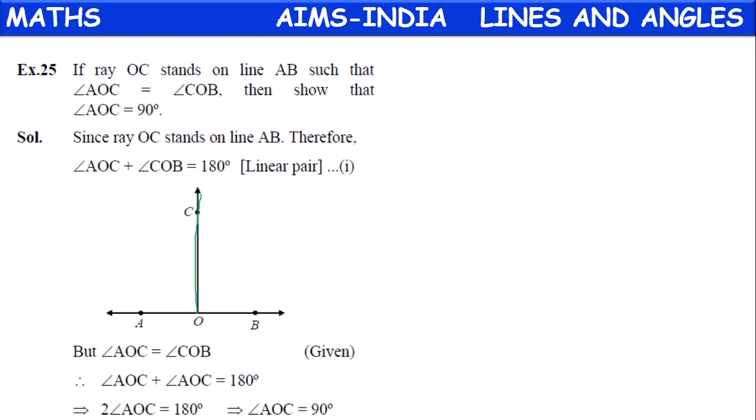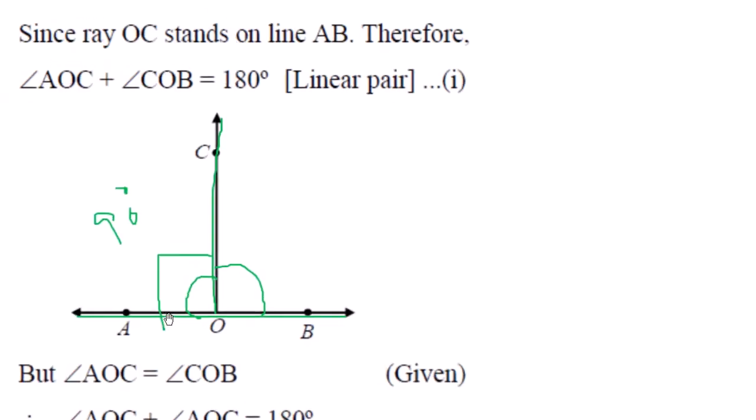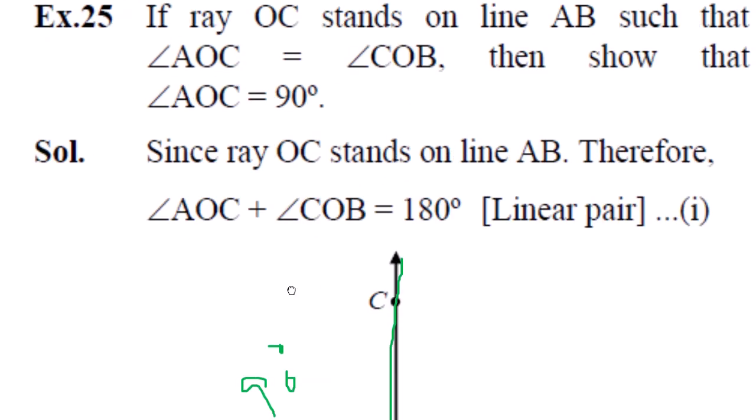So ray OC is standing on the line AB such that AOC equals COB, and we have to show that this angle AOC equals 90 degrees.